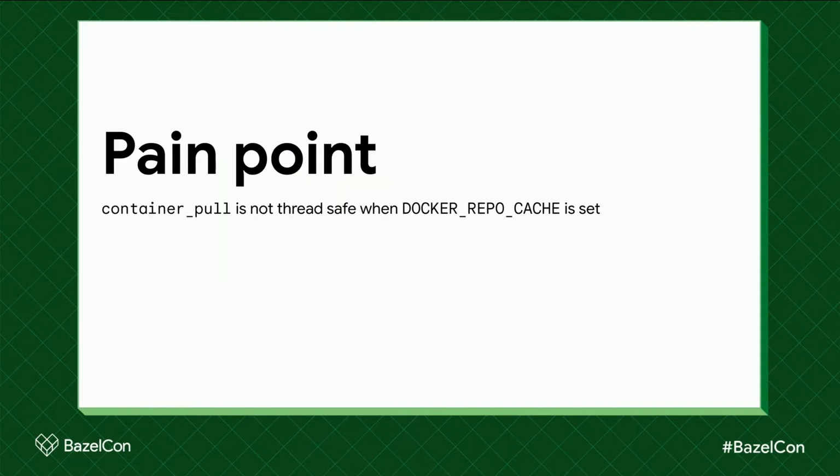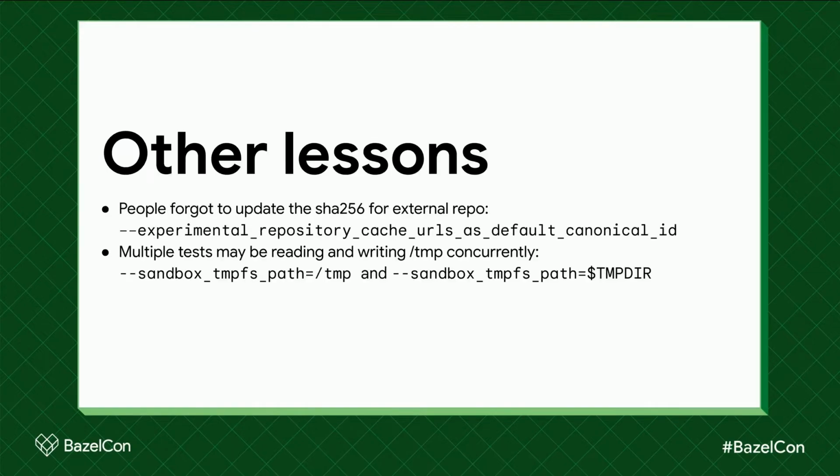And the pain point is, it turns out that Docker pull rule is not thread safe when the Docker repo cache is set. Other lessons: we found that people often forgot to update SHA-256 when they are upgrading the external repository rules. And when this happens, Bazel by default fetches from the repository cache with the SHA-256.